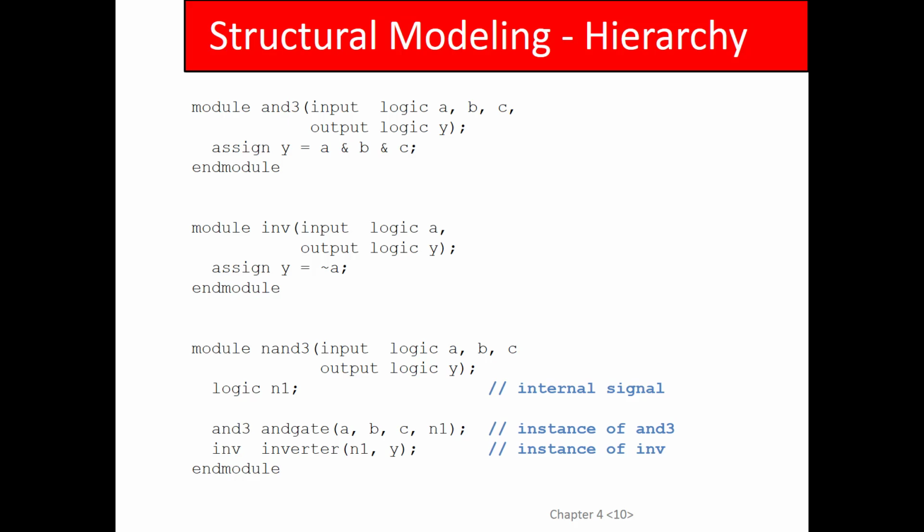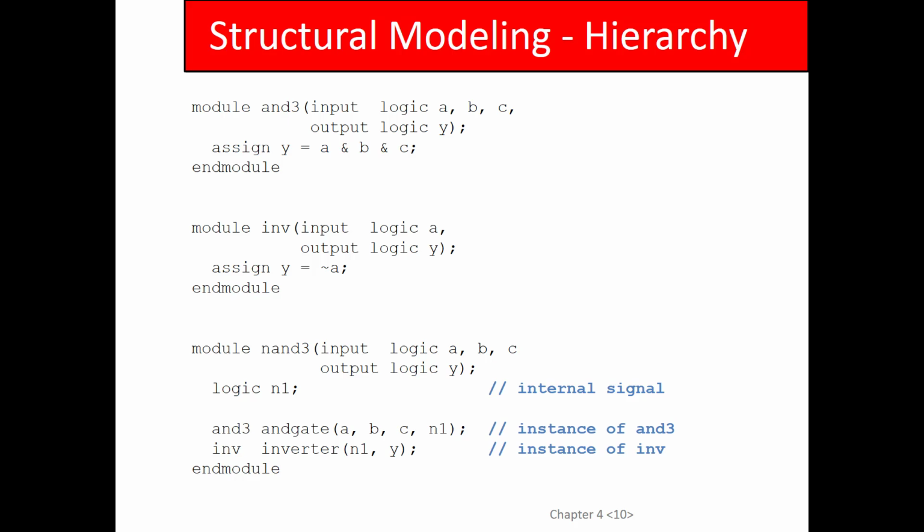There's a logic N1, and so here's where things get confusing. I create an AND gate. First of all, the syntax here is very similar to Java. I put AND3 first, because that's the type, right? Then I say AND gate. Here's the problem with this, by the way.